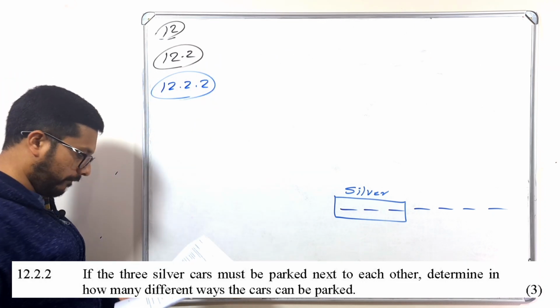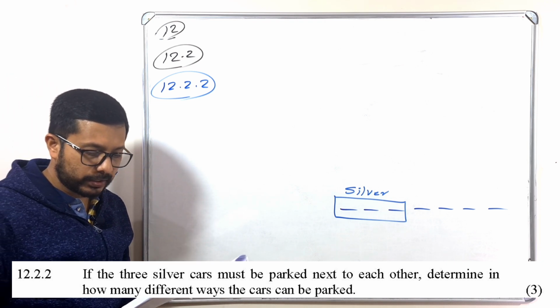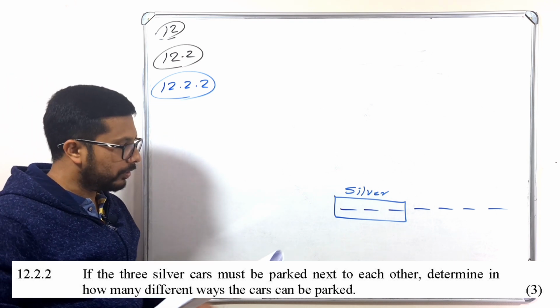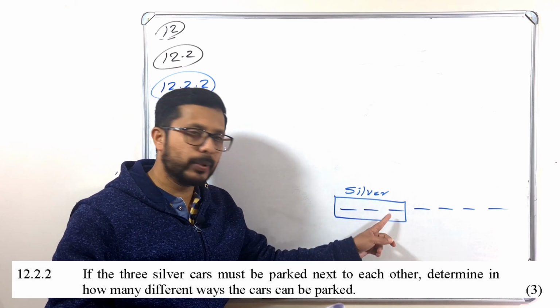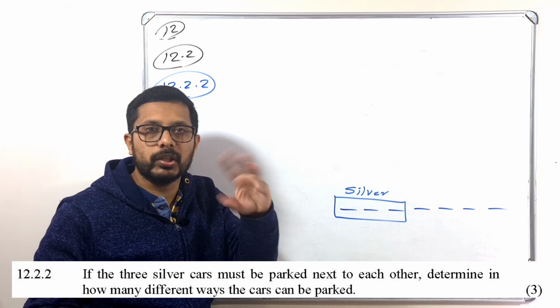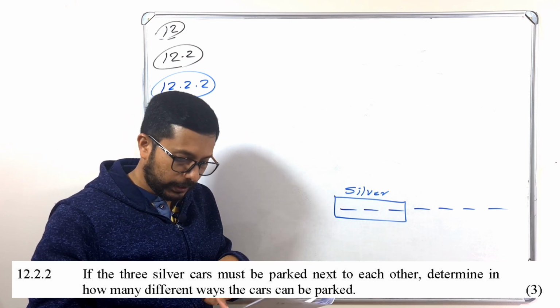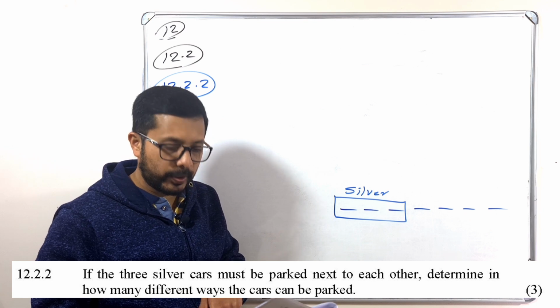If the 3 silver cars must be parked next to each other, so these silver people are very selfish, they always want to park next to each other, determine in how many different ways the cars can be parked.